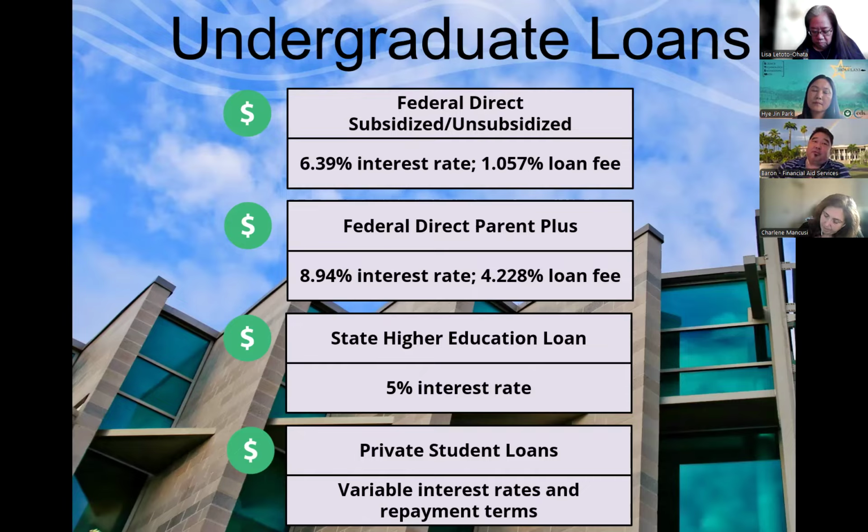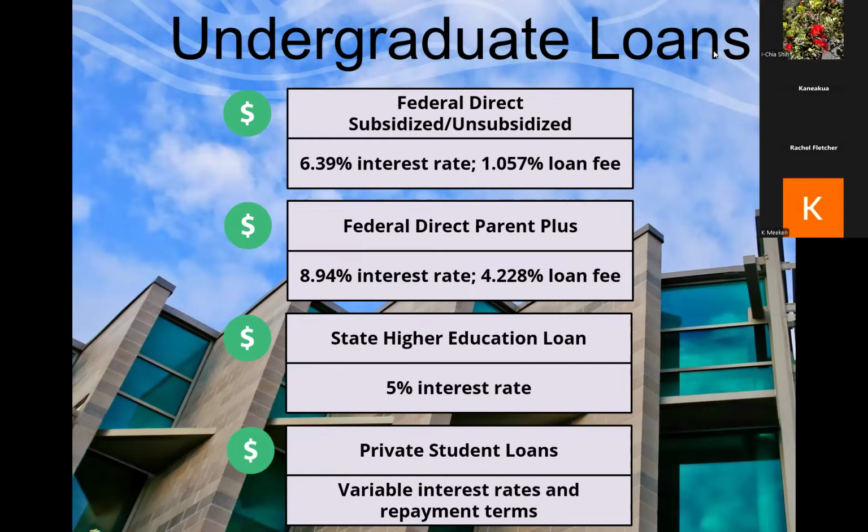For the Parent Plus loan, the parents need to go to studentaid.gov and apply for that loan. If their credit is good, they also need to complete a master promissory note for that loan. From the next academic year moving forward, if the parent or the student feels there are more funds needed to help cover the expenses, then the student would need to apply for a private student loan.